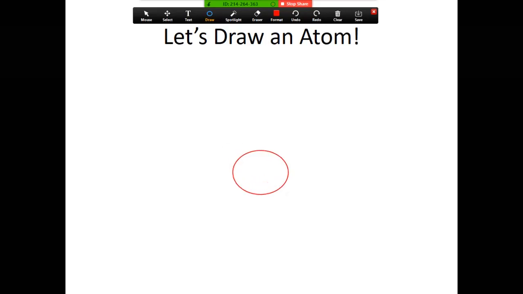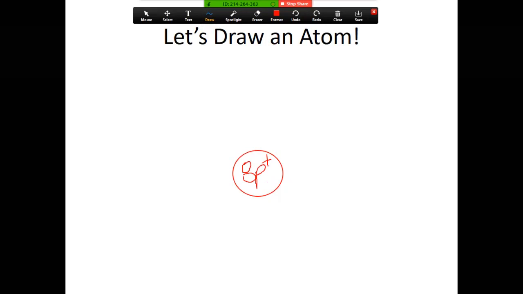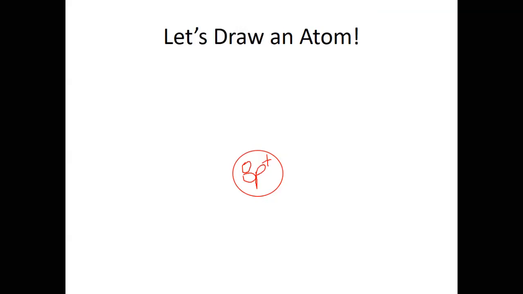So let's say we're going to draw our nucleus here. And how many protons do we want to put? Let's say 8. I'm going to put 8 protons in my nucleus. Okay? So the next thing that I want to do is put my electrons in.